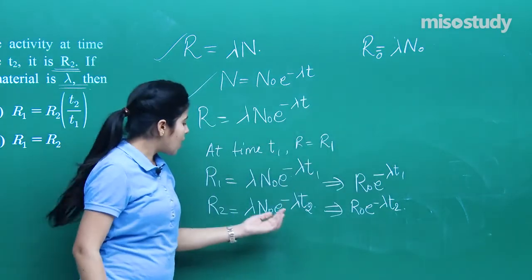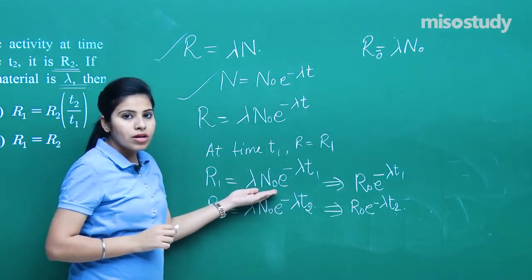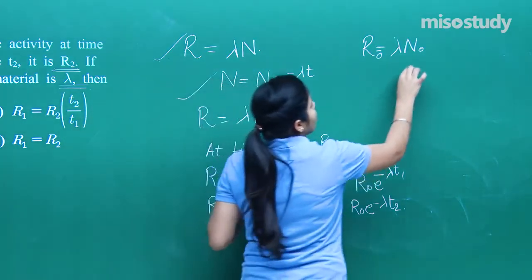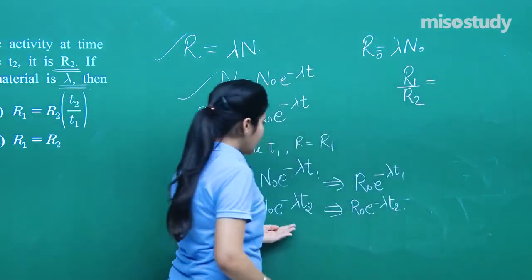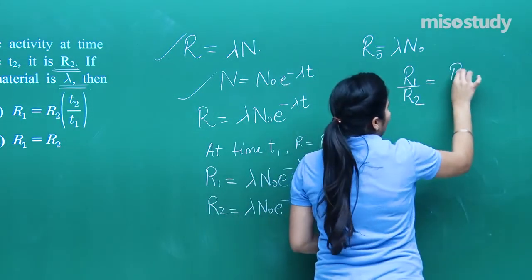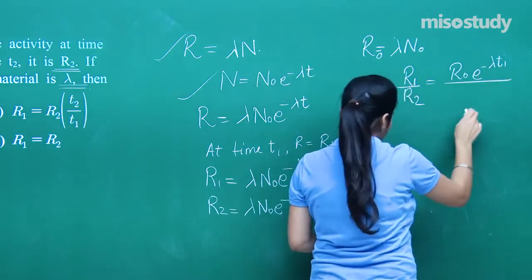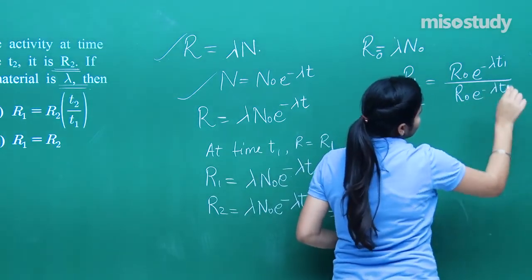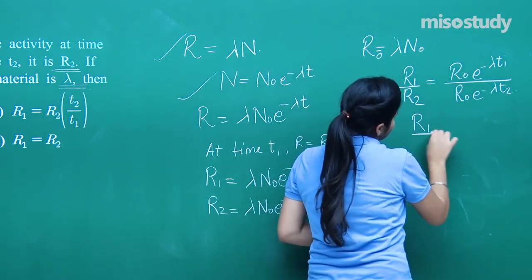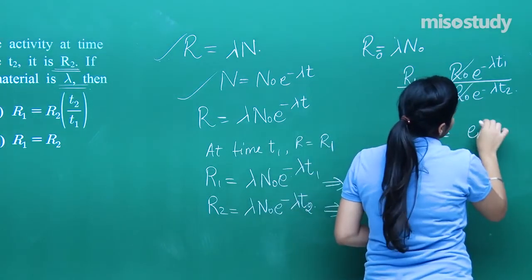Now if I take R1 upon R2, it will be R naught into e raised to the power minus lambda t1 divided by R naught into e raised to the power minus lambda t2. Now just solve this: R naught cancels.